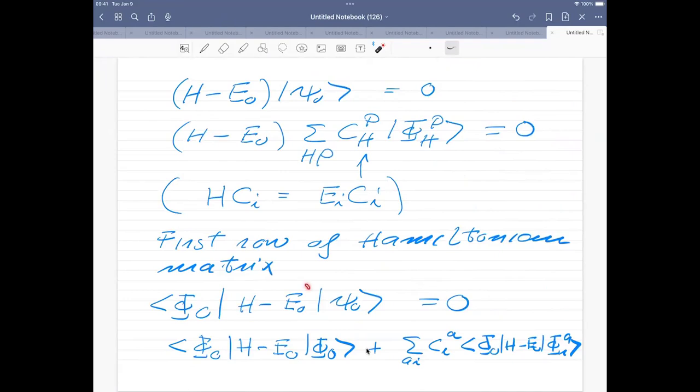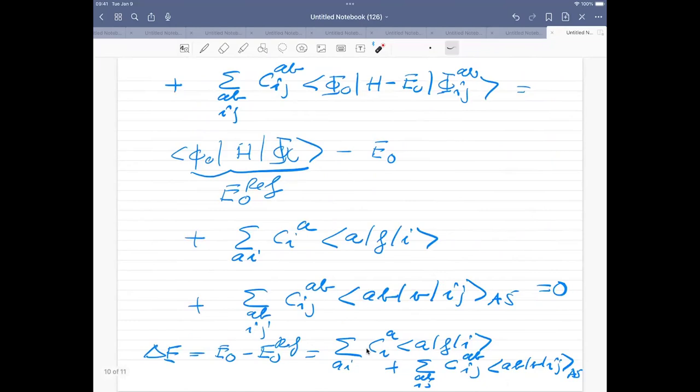We were focusing mainly on the ground state, but there is nothing which limits you to only look at the ground state. You can set up a similar set of equations, which you will see now, for all the other states. If we focus on the ground state, we get this equation for the energy, the difference between the energy we can calculate with the ansatz, which is the reference energy, and the energy we are targeting.